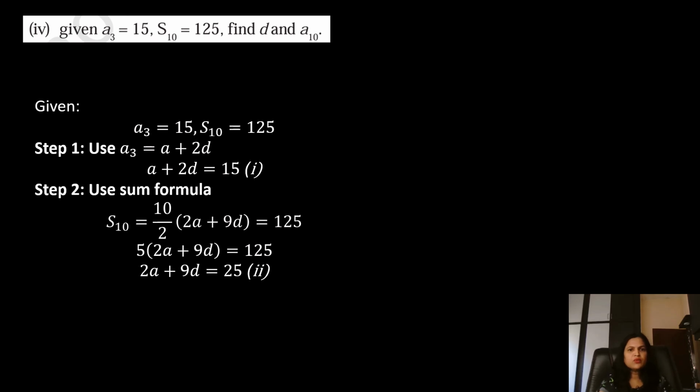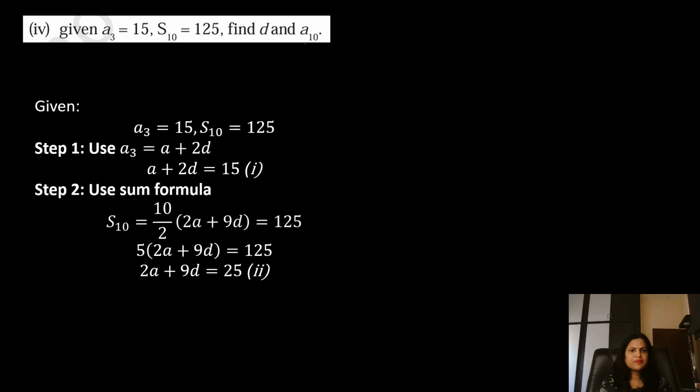Given is a3 equal to 15, S10 equal to 125. Find d and a10. Can you find the common difference first? No, I have to find out a first.